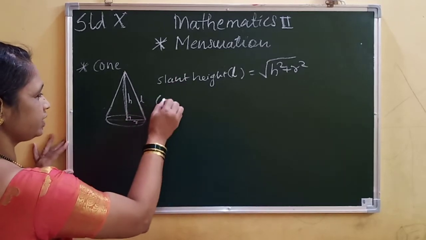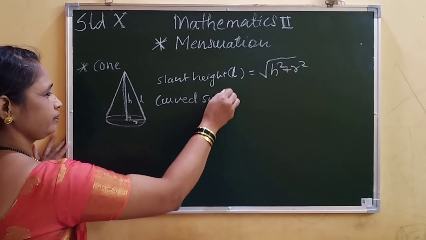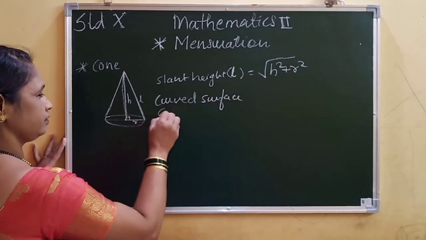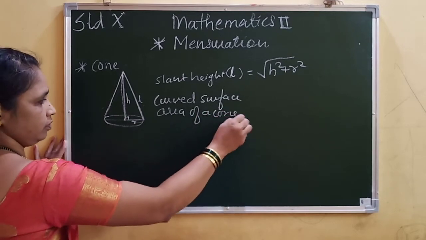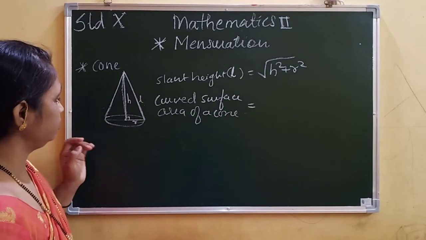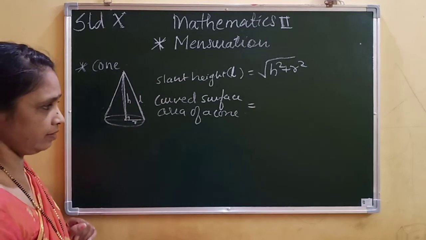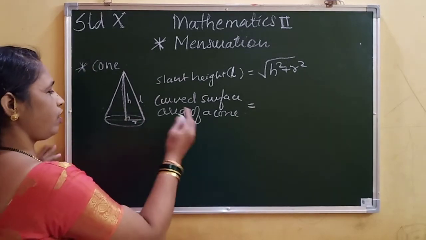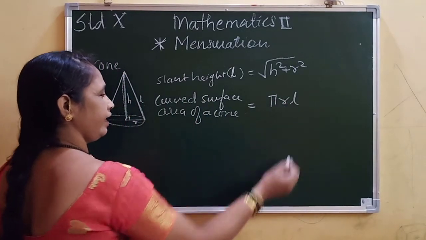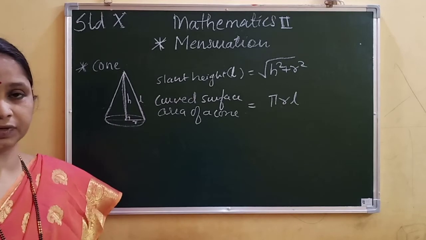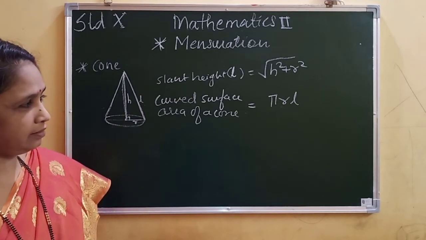So curved surface area of a cone is equal to what? Pi r L. Okay, curved surface area of a cone is pi r L.